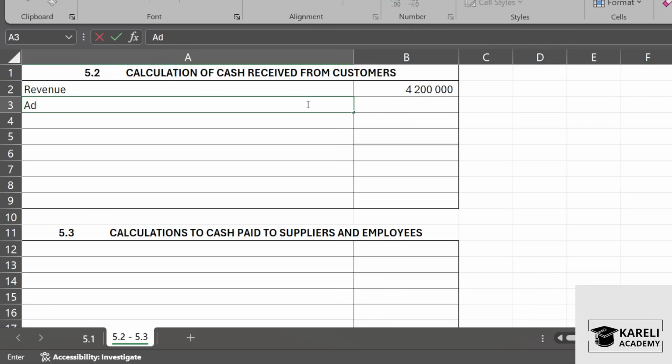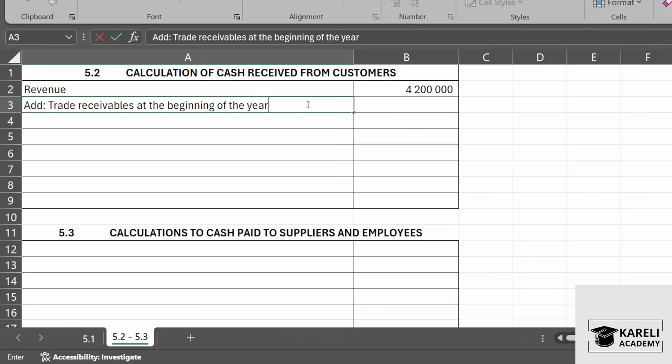Meaning we must add trade receivables at the end of the year. No, at the beginning. I beg your pardon. At the beginning of the year.